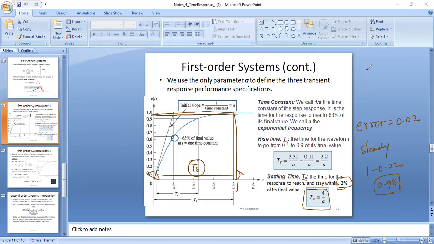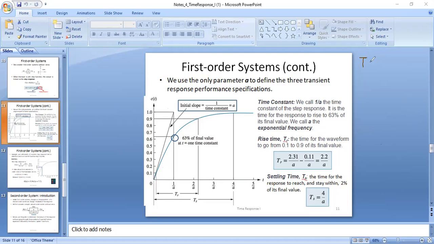So write in your formula sheet, one thing: T is equal to 1 by A. Another, TR is equal to 2.2 by A and TS is equal to 4 by A, or you can write 2.2T and 4T. And if you have G of S, you should write this also, otherwise you will be asked how I got the A value.